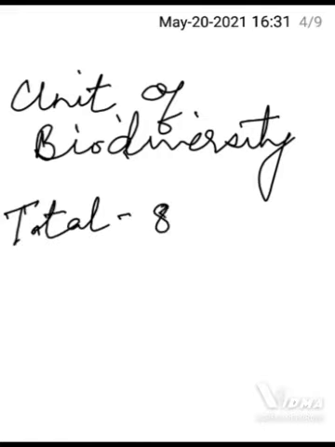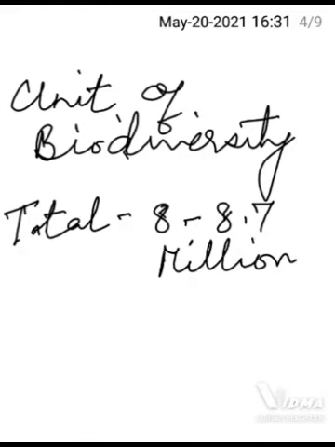There are around 8 to 8.7 million species that have been discovered, and only 14% of the species have been described by 2011. Other species are unknown. When we write the name of any species, we always give 2 names that we discussed in the previous video. The first name is the name of the genus, whereas the second name is the name of the specific epithet.